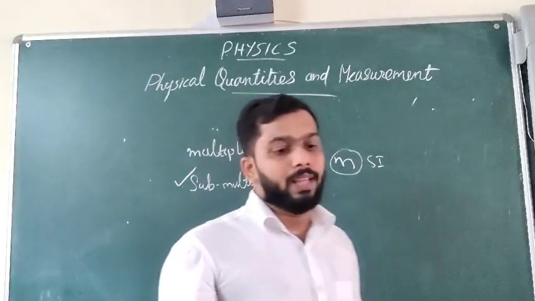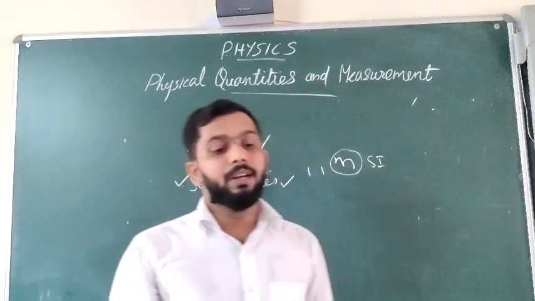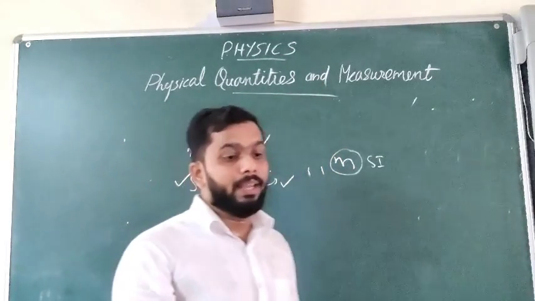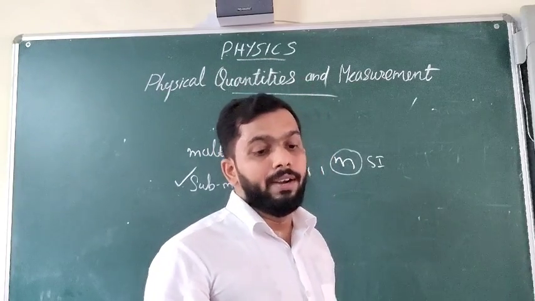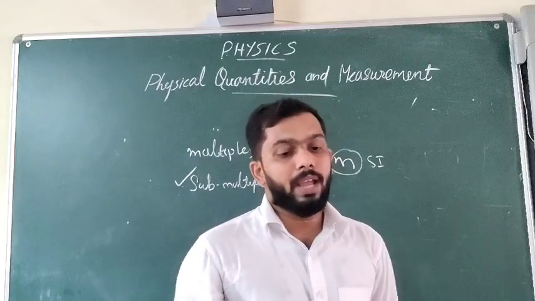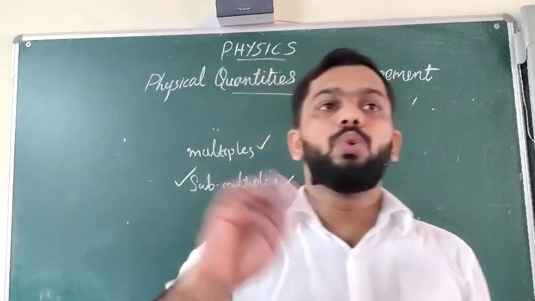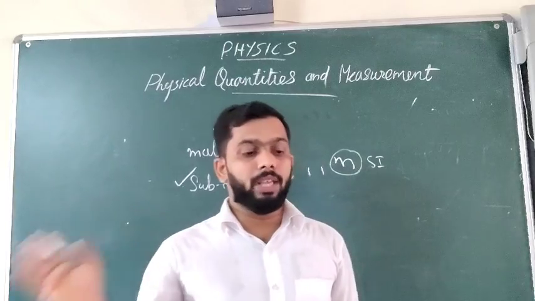Then 1 is given, that is meter, gram and liter, or meter, kilogram and liter. That is actually the SI unit. Then 10 times means decameter, decagram and decaliter. Then 100 means hectometer, hectogram and hectoliter. These two we are not normally using, but you have to keep them in mind.